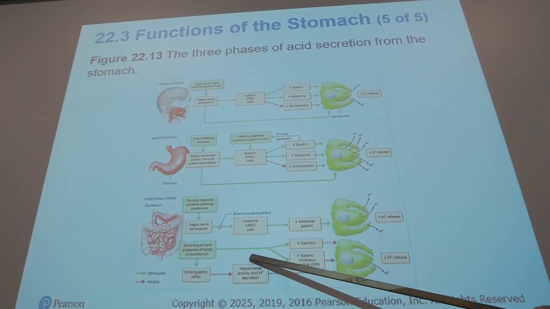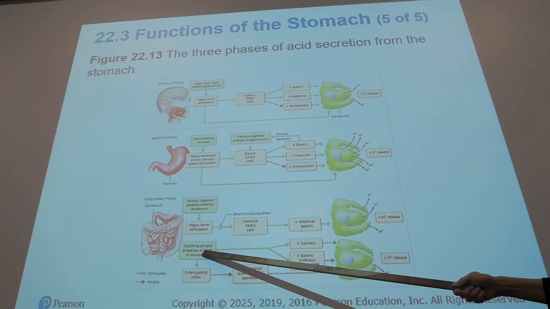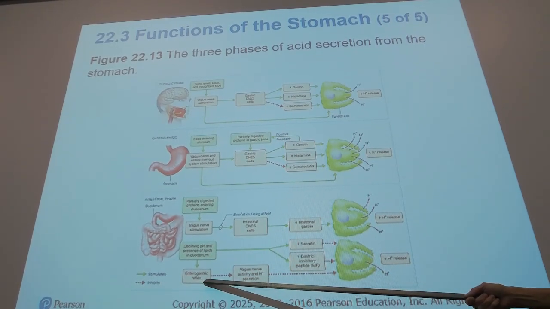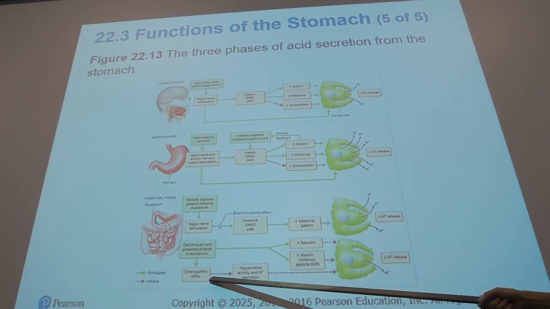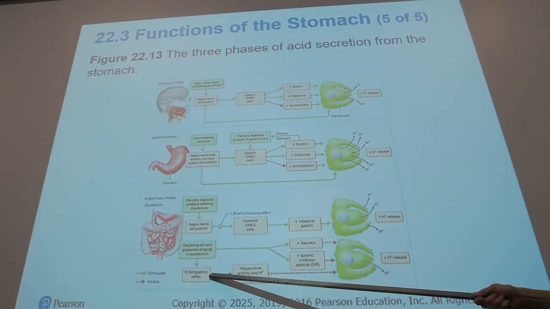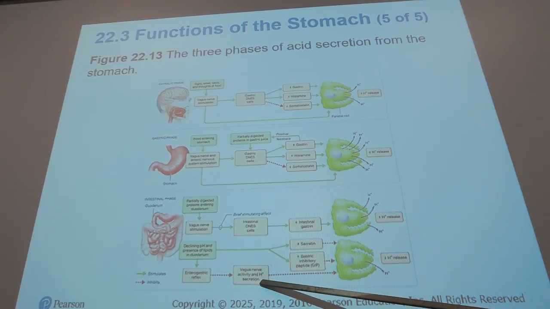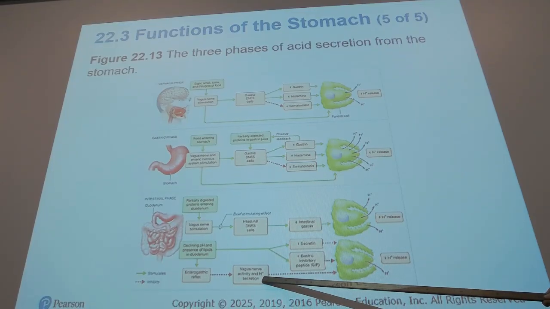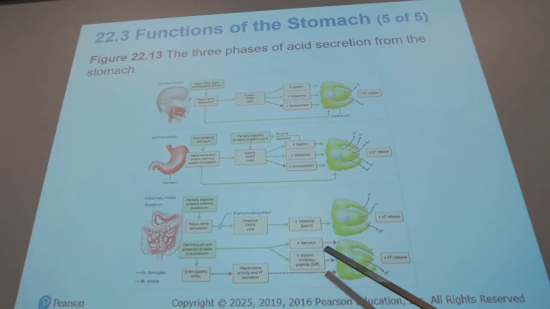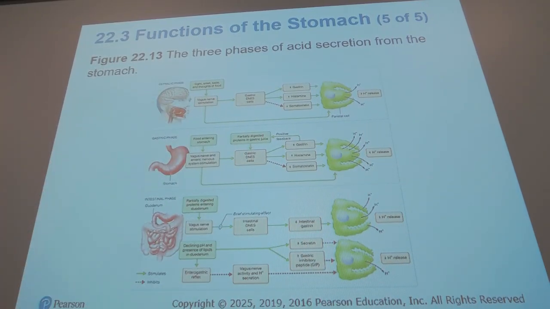And then the presence of lipids, again, and declining pH, like if you have acidity in your duodenum, is also going to lead to basically the negative feedback on your enterogastric reflex. So that is going to prevent the activity of your vagus nerve and hydrochloric acid secretion, because you don't need to secrete more acid when you have your stomach empty.